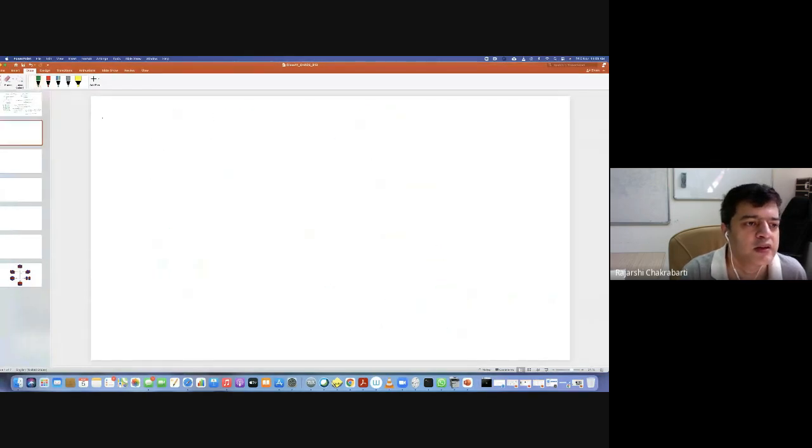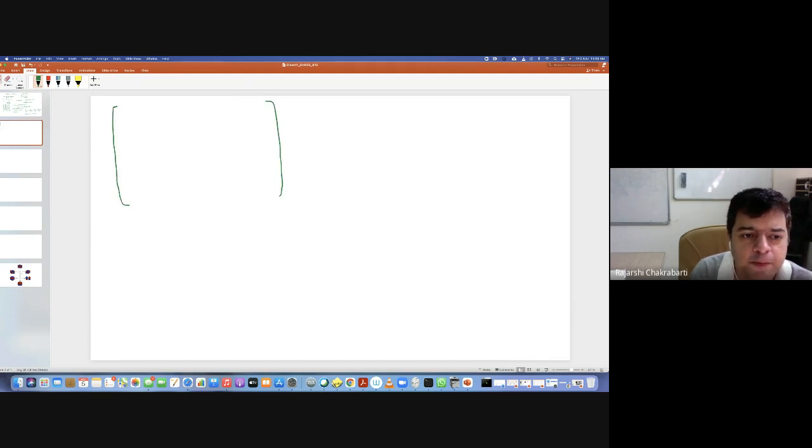Okay. So now, these 4 equations I can write in a matrix form. You remember? So I'll have a matrix like this. What is this matrix going to be? Please tell me.